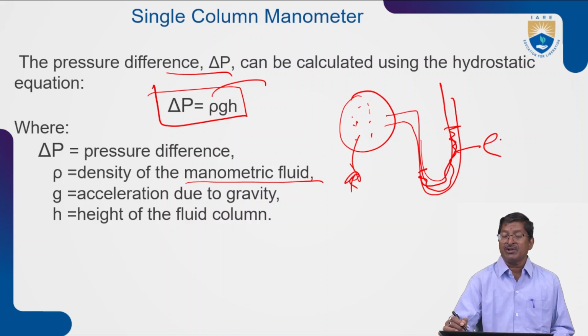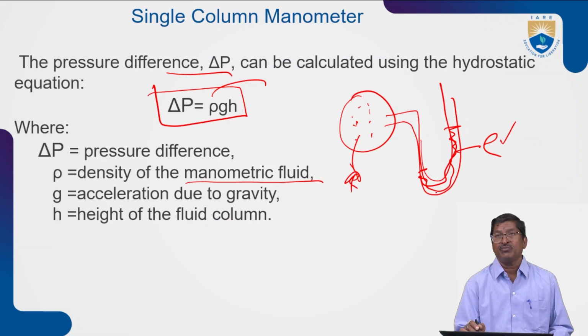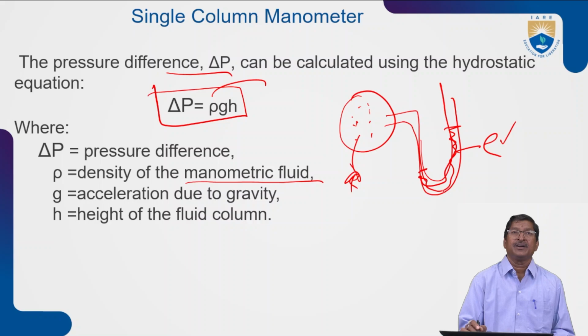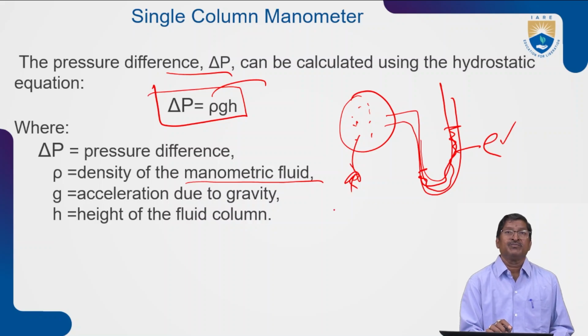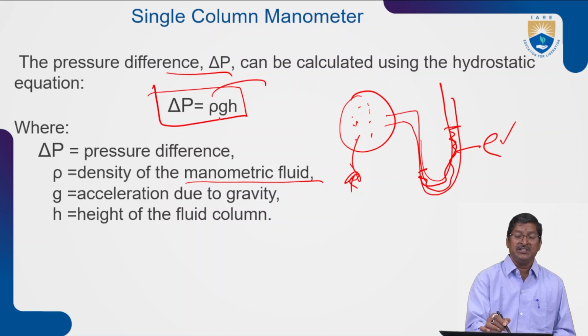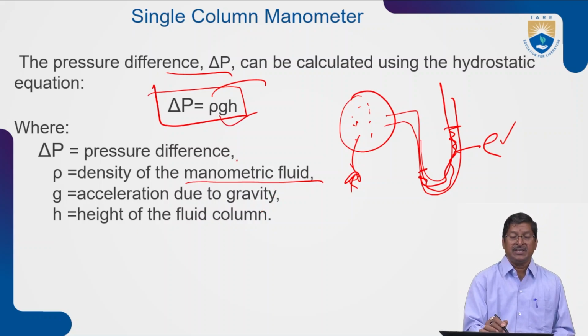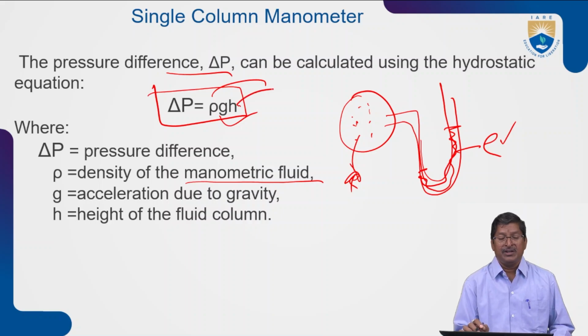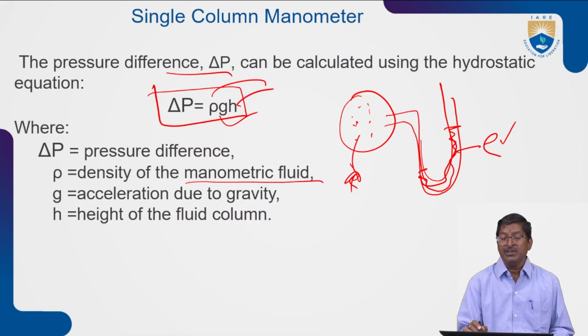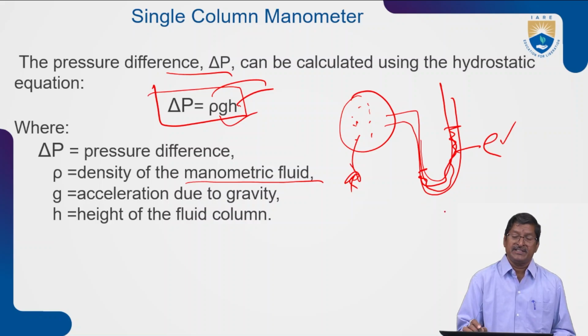But in the formula it is the rho of the manometric fluid, which is normally mercury. So rho is the density of the mercury or manometric fluid. G is the acceleration due to gravity. H is the height of the fluid column, or the difference of elevations of the manometric fluids.